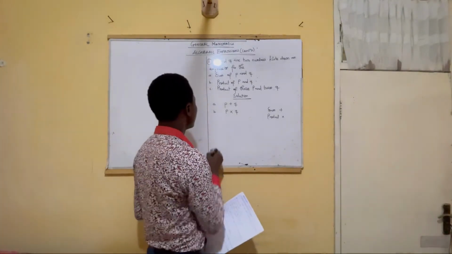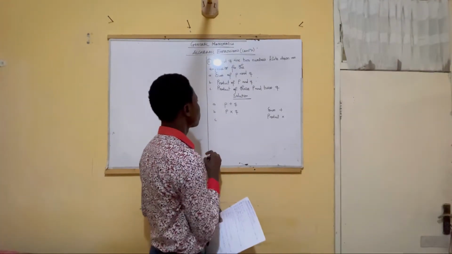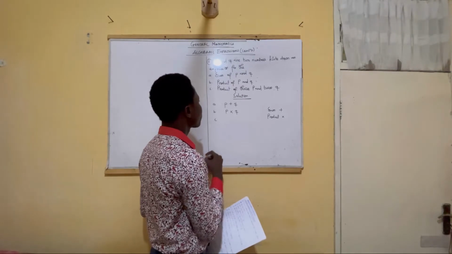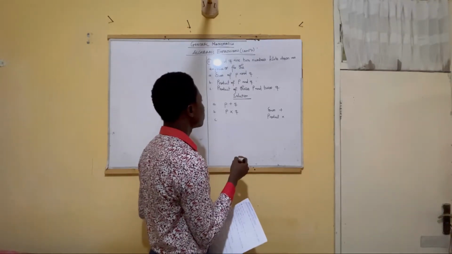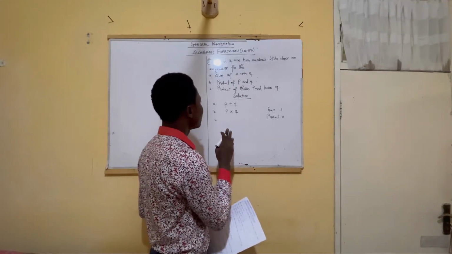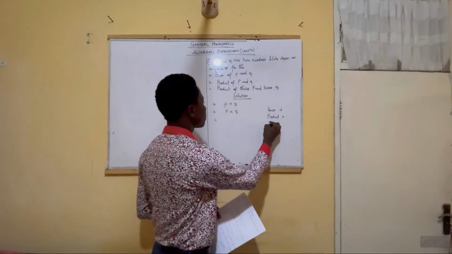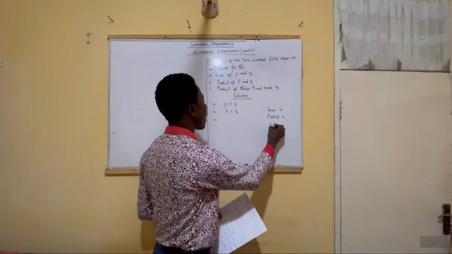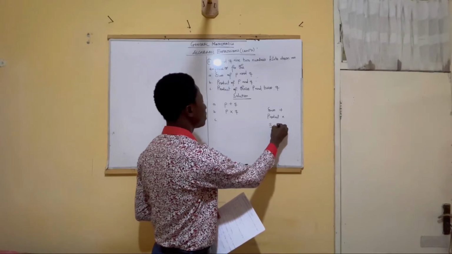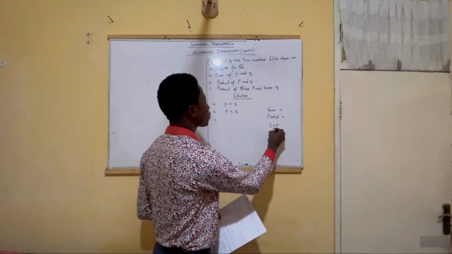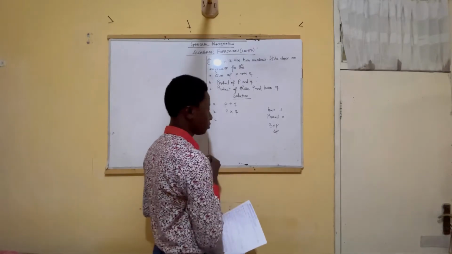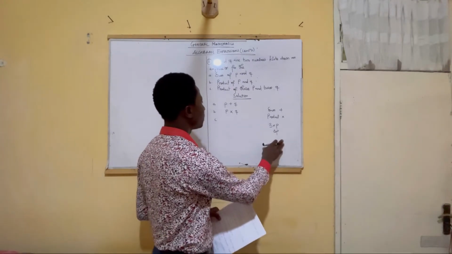Okay, and then let's look at the last part: the product of thrice P and twice Q. First of all, let's reduce them. Thrice P means 3 times P, which is 3P.